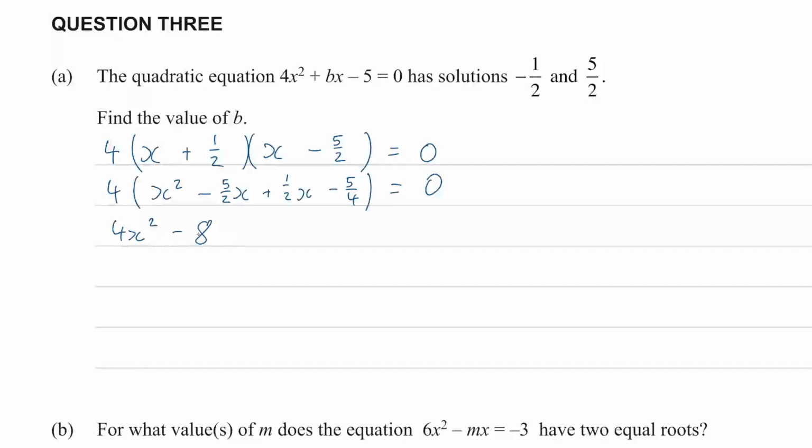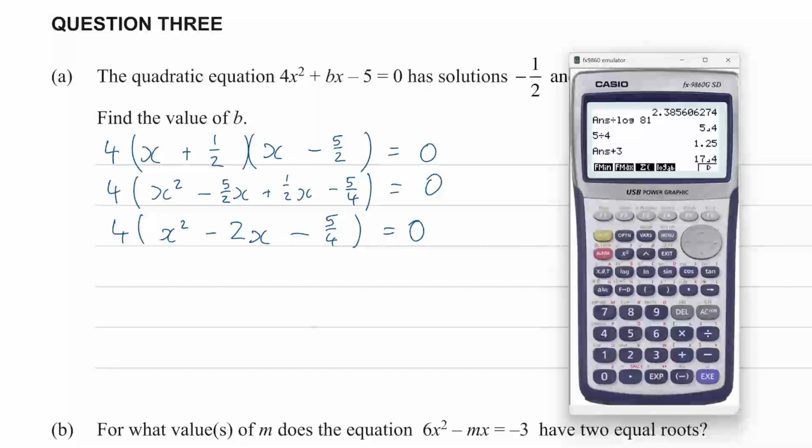That was quite a few steps in one, so actually let me put in a middle step here. Grouping like terms, that becomes minus 2x. Right, and if you're not confident with your fractions, do double check on the calculator.